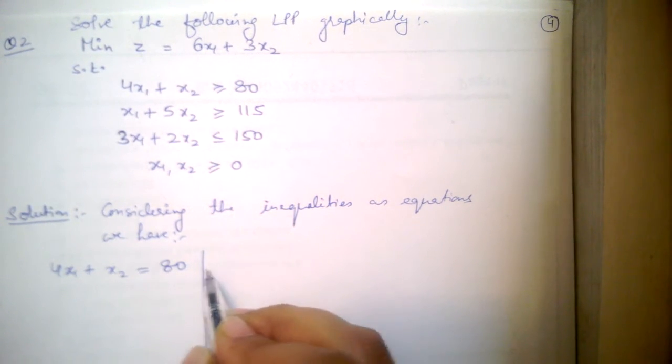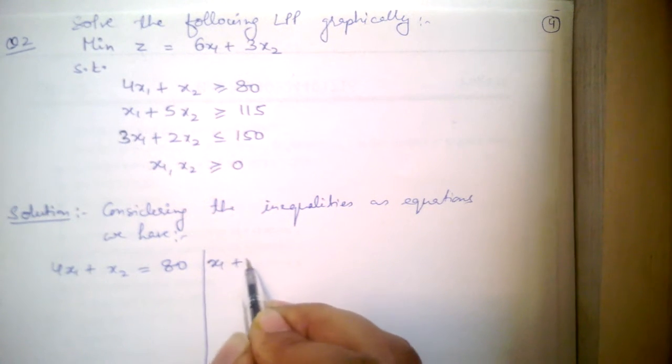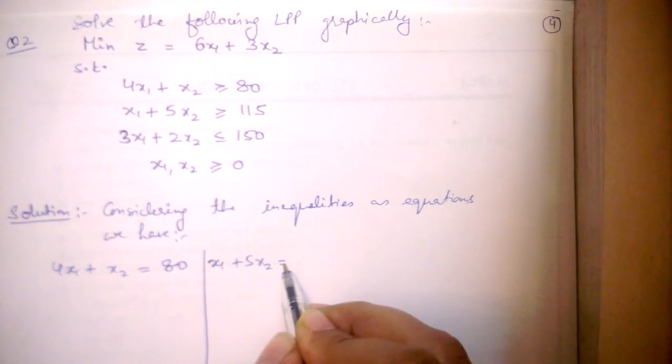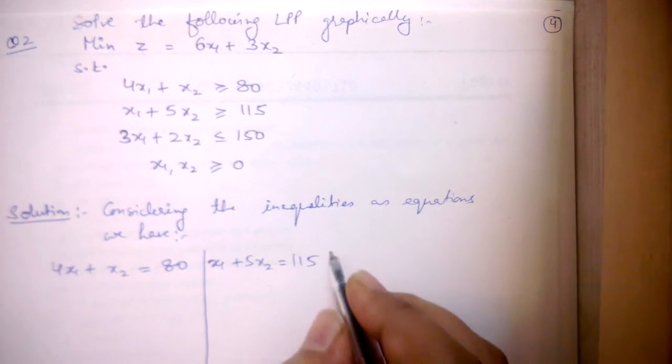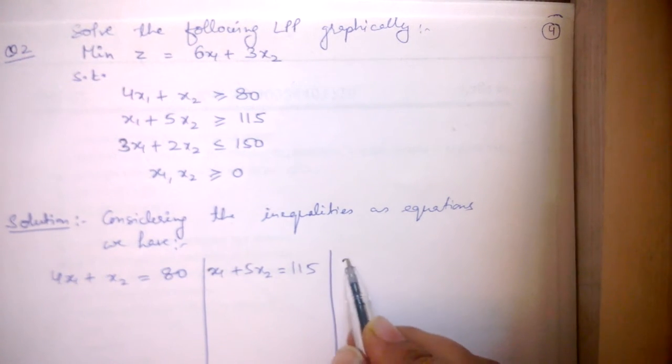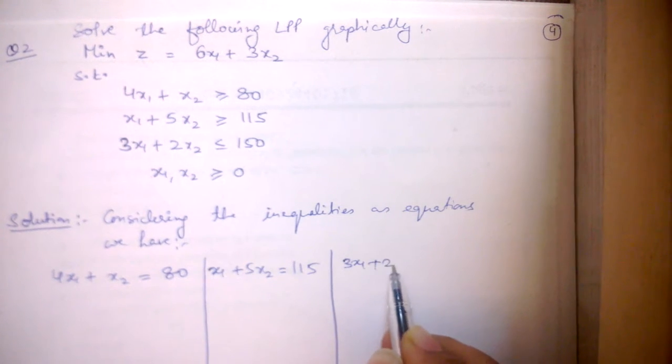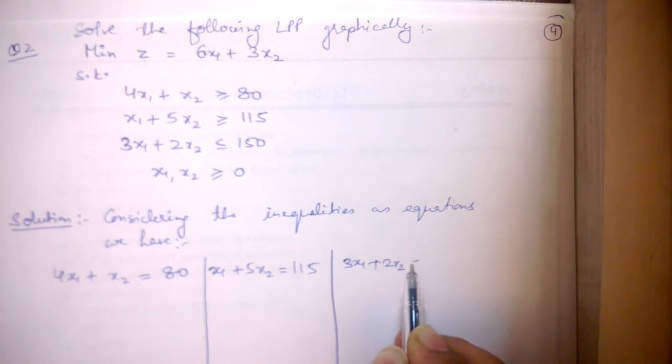Second inequality is x1 plus 5x2 is greater than equal to 115, so we'll again consider it as equation. And the third one is 3x1 plus 2x2, considering it as equation, we have this.